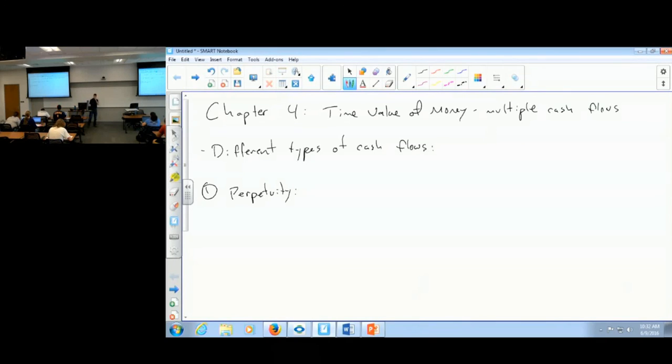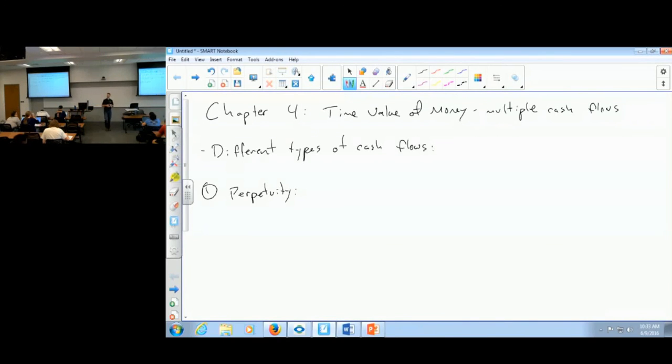So who read? What is a perpetuity? Put $100,000 in, and you get that interest every year forever if you never withdraw it. If you never withdraw the original principal, right? Yeah. So that's exactly right.